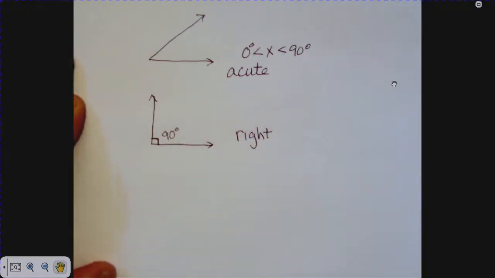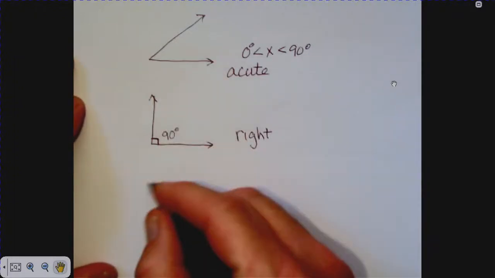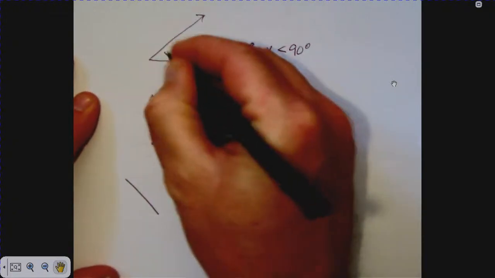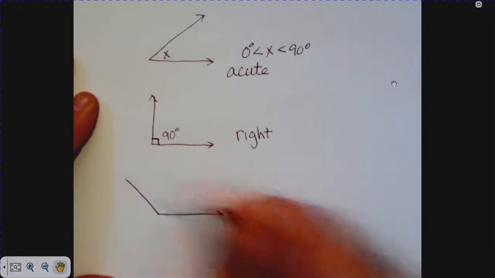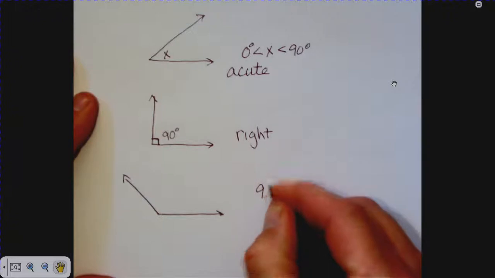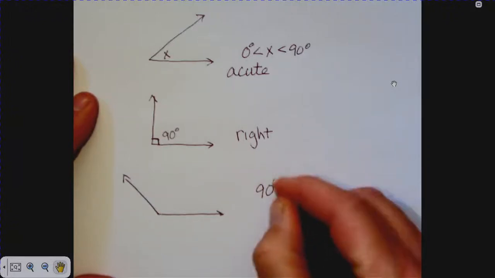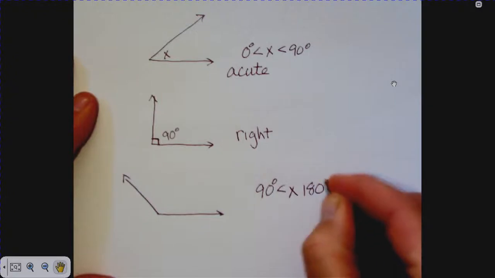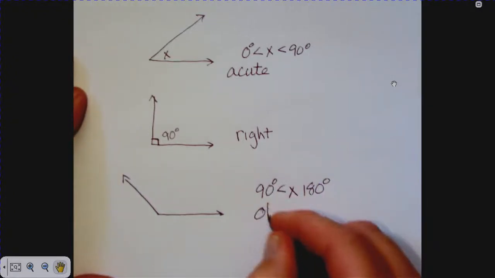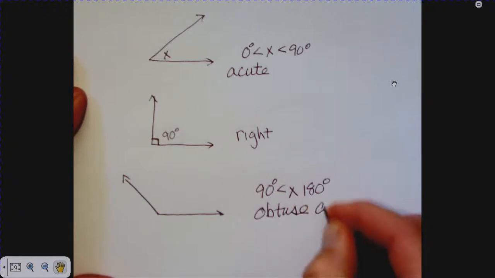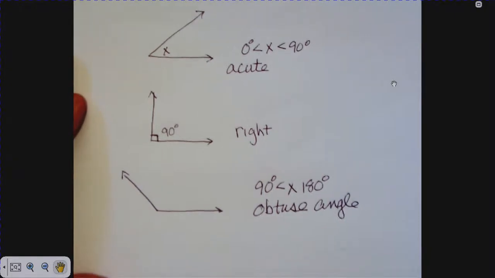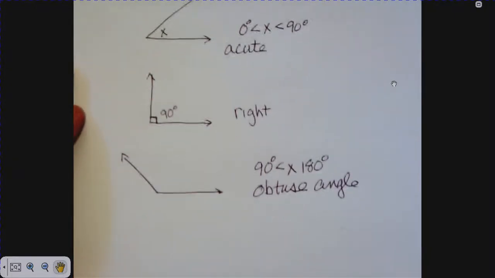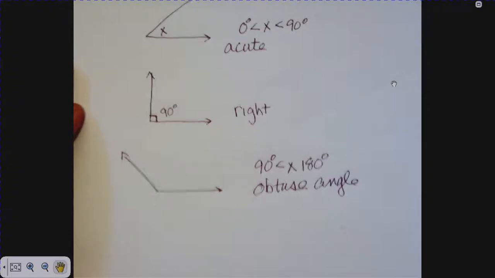And if we have an angle x that is between 90 degrees and 180 degrees, we call that an obtuse angle. I think it's a big fat angle, sounds sort of like obese, so I think obtuse, obese, it's a big angle.